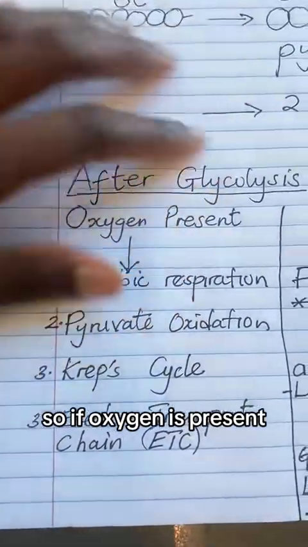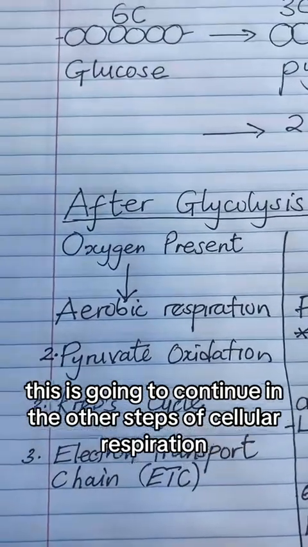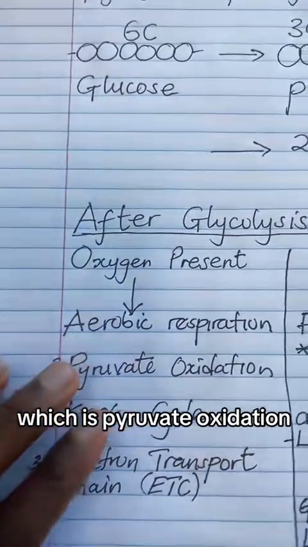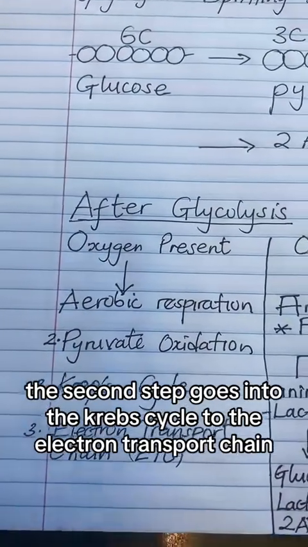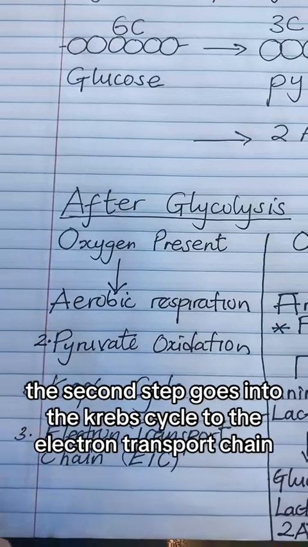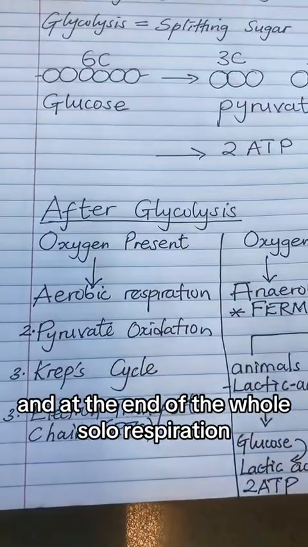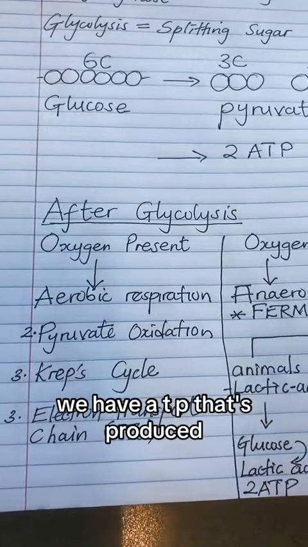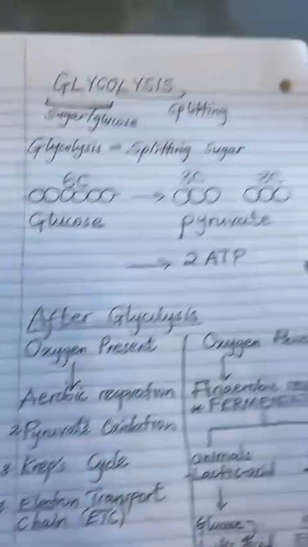So if oxygen is present, this is going to continue in the other steps of cellular respiration, which is pyruvate oxidation. The second step goes into the Krebs cycle and then the electron transport chain, and at the end of the whole cellular respiration, we have ATP that's produced, but that's going to be in another video.